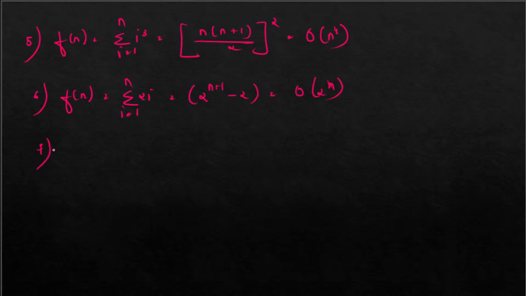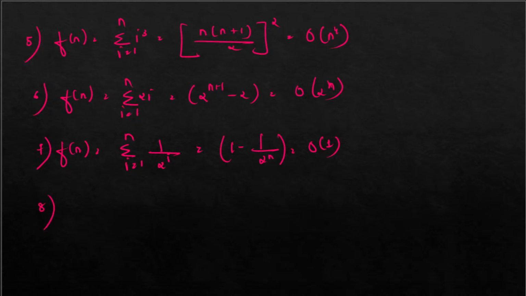Seventh is f of n equals the sum of 1 by 2 to the power i for i equals 1 till n. So this will be 1 minus 1 by 2 to the power n, and this will be big O of 1. Eighth is f of n equals the sum of i into 2 to the power i for i equals 1 till n.